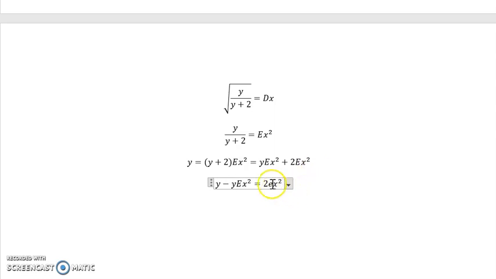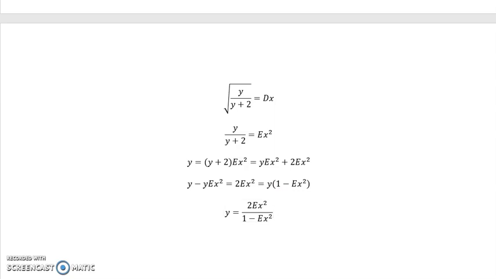And then you would factor out the y: 1 minus e x squared. And then you would solve for y by dividing. Y equals 2e x squared all over 1 minus e x squared.